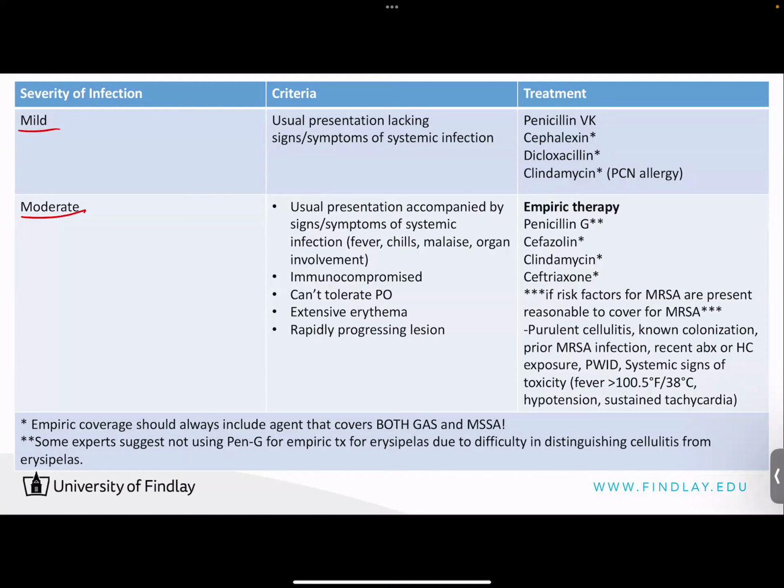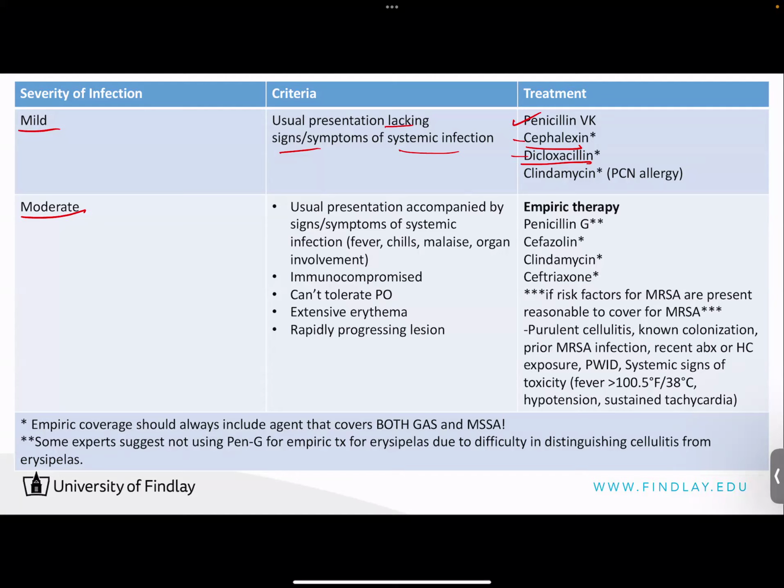So what are we going to do for that patient? Well, if they're like you, otherwise healthy with a cellulitis, okay, fine. Let's put them on some oral antibiotics and send them on their way, because mild usually lacks SIRS criteria. And if you're playing the percentages in an otherwise healthy individual with no comorbidities in a mild infection, penicillin VK, if you're confident, or a first-generation cephalosporin, or an anti-staphylococcal penicillin.